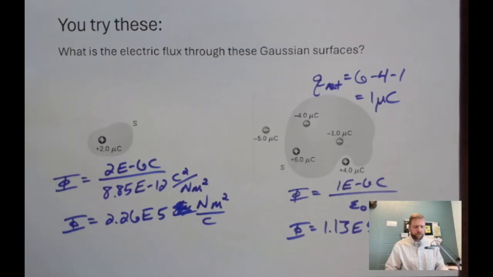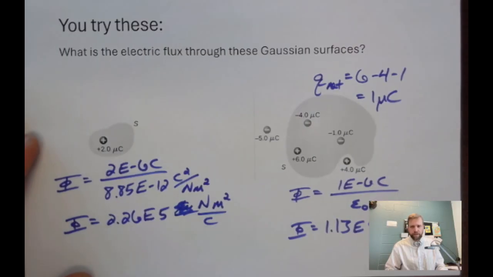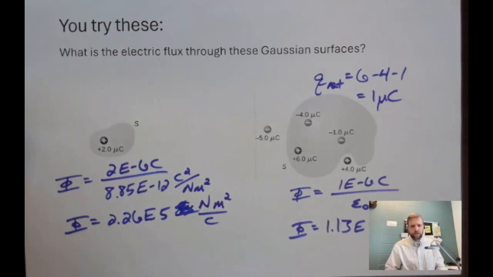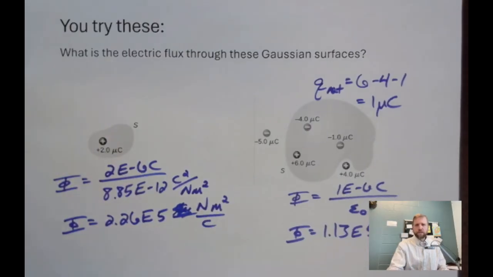We already looked at the spherical symmetry, but the easiest math occurs when the Gaussian surface aligns with the symmetry of the electric field, and that's because when it aligns, the angles, thetas, are all 0. All right, I will see you guys on Wednesday.